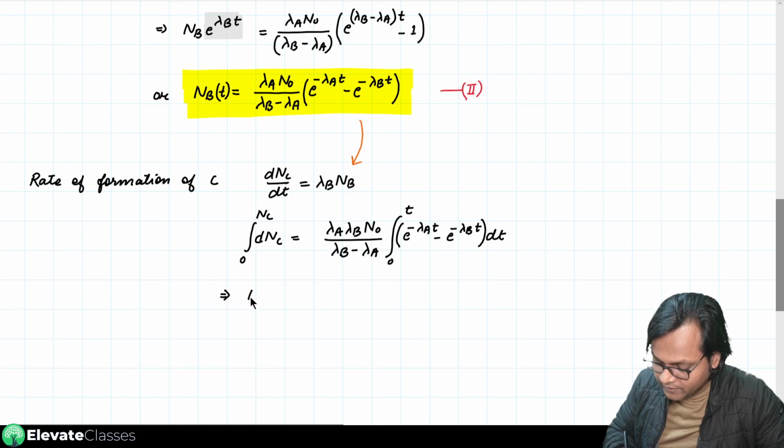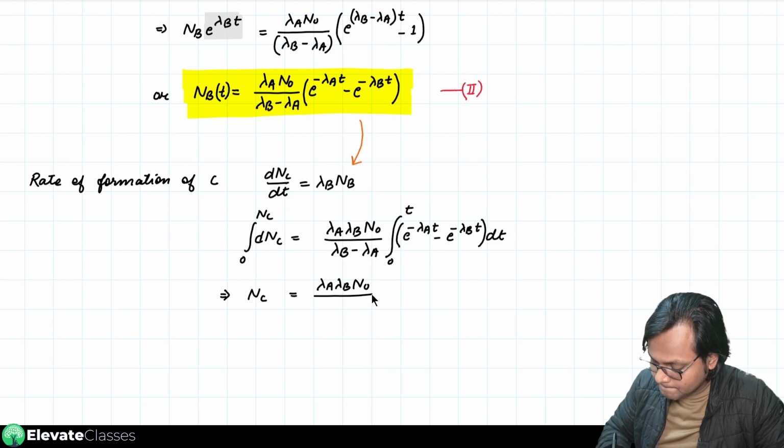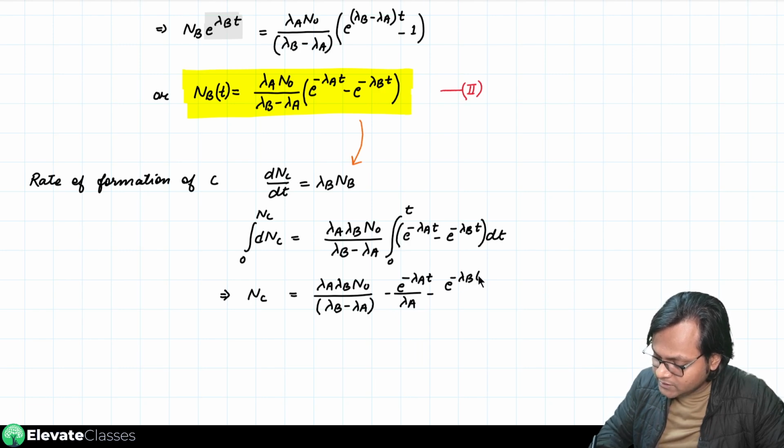So on the left hand side, we have Nc, which is basically equal to, okay, what is this? This is e to the power minus lambda at upon minus lambda a, minus e to the power minus lambda bt upon lambda b, integrated from 0 to t.